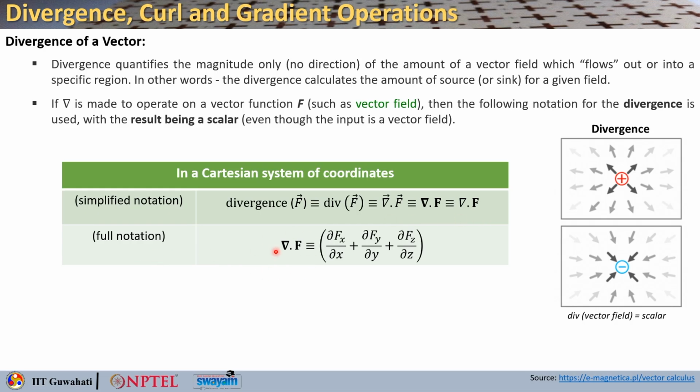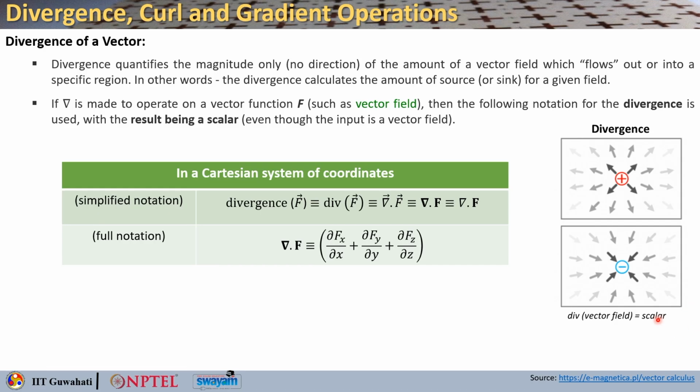So, the full notation will be this: the field has its x, y and z components. Del operator also has its partials, you can take the partial derivative along each component, and once you do that you get this one, ∂fx/∂x plus ∂fy/∂y plus ∂fz/∂z. So, this is what is your divergence.